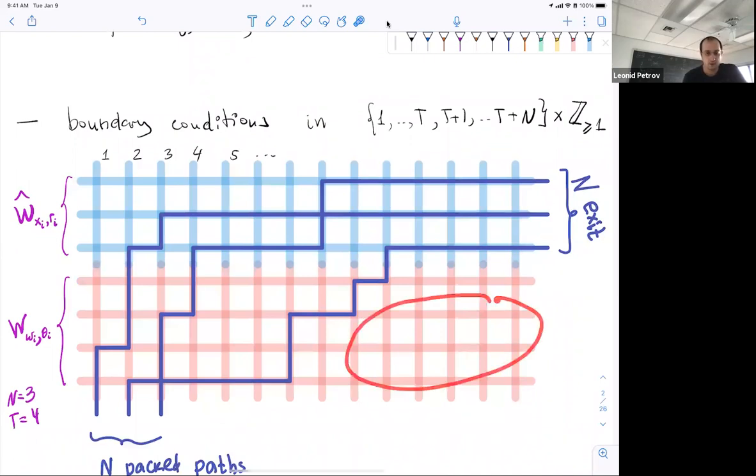So I have infinitely many configurations, which means I need to take care of normalizing things. But at least for every fixed configuration, the weight is well defined as a product of vertex weights. And yeah, so I take the weights for the red here and blue up there.